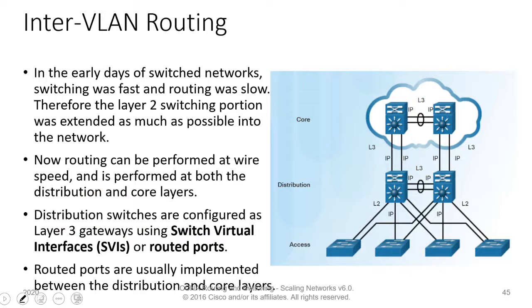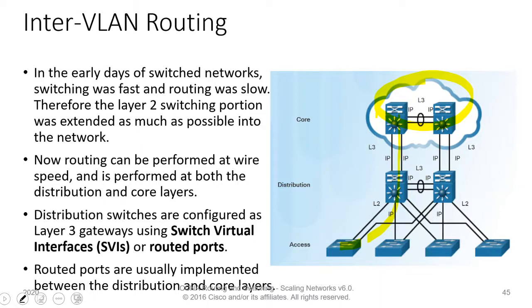When we think about switching and routing, one of the reasons why in many earlier devices switching was happening up until the higher end and routing was happening at the very highest end is that many switches were not capable of doing routing at higher speed. That was the reason.